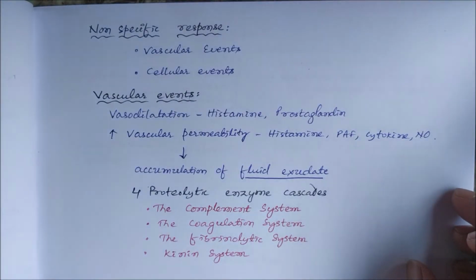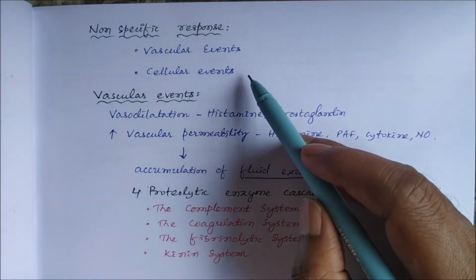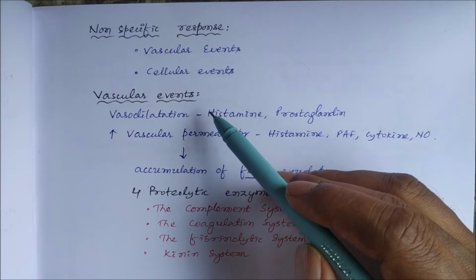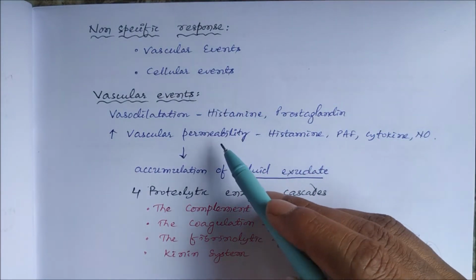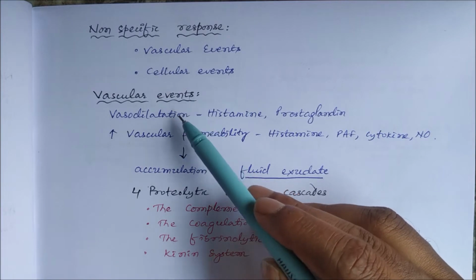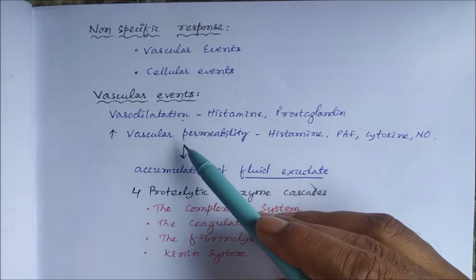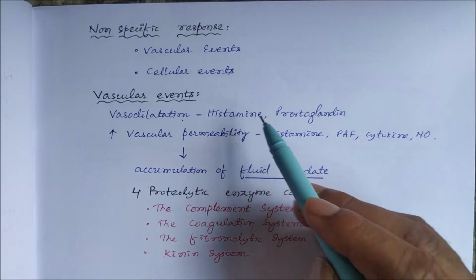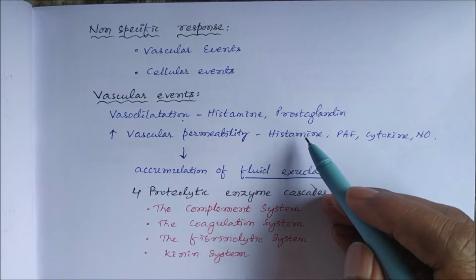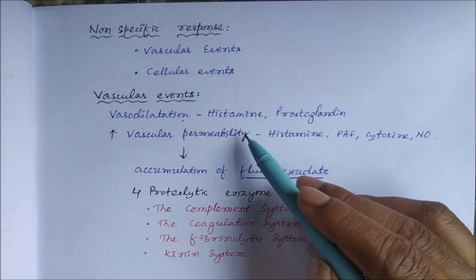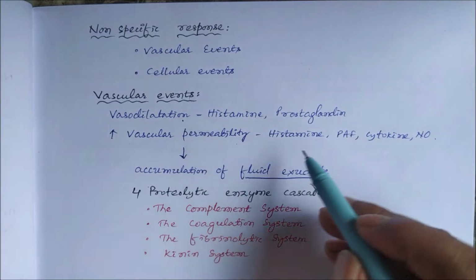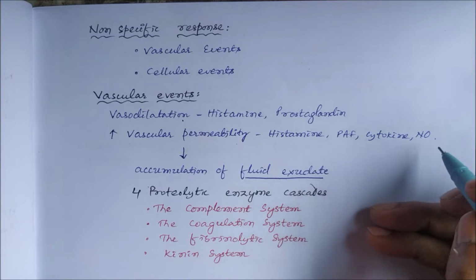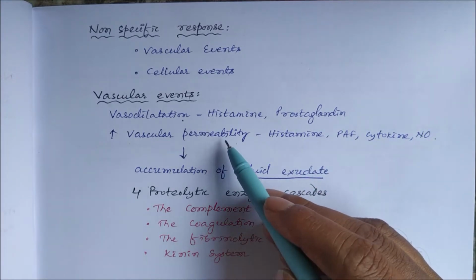Then the non-specific response includes vascular events and cellular events. When the blood vessel is involved, we have vascular events, and there will be vasodilatation and increased vascular permeability because of autocoids like histamine, prostaglandin causing vasodilatation, and histamine, platelet activating factor, cytokines, nitric oxide increasing vascular permeability.